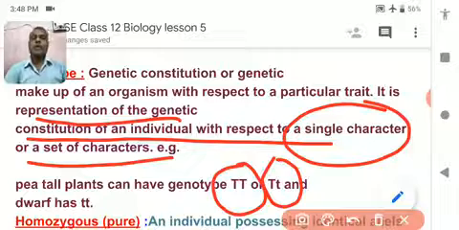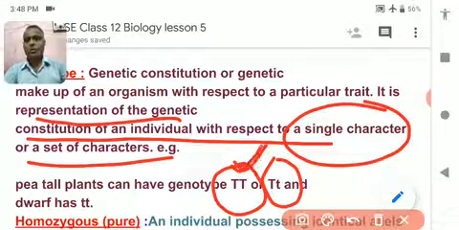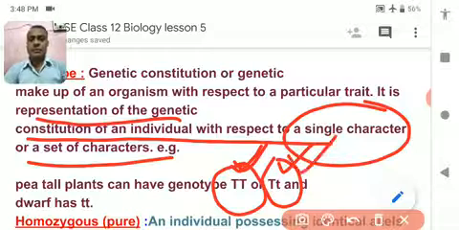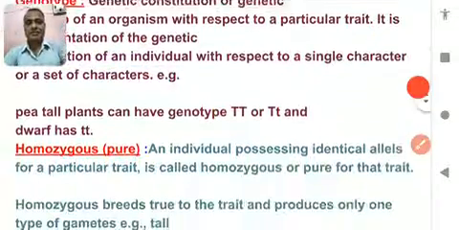Although they show the same phenotype, they have different genotypes. Both capital T is one genotype, and capital T small t is another genotype. So the genotype may be different while the phenotype may sometimes be the same.